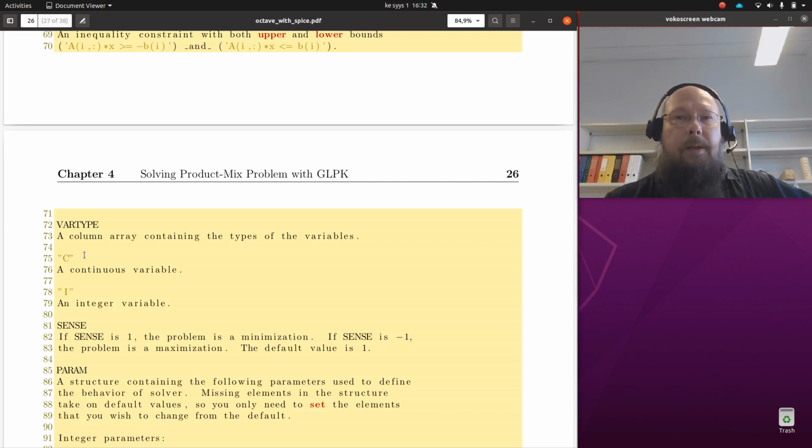Continuous things are nice. But what else? Sense. Okay, what is this? If sense is 1, the problem is a minimization. If sense is -1, then the problem is a maximization, and the default is 1. So the default is minimization, and we usually maximize, so we have to set it to -1.